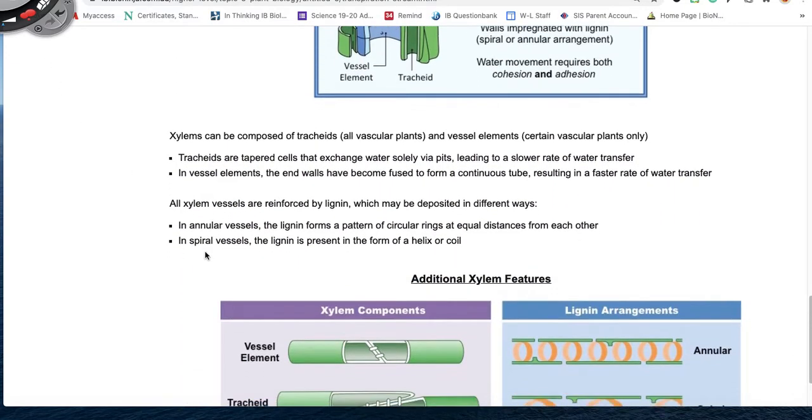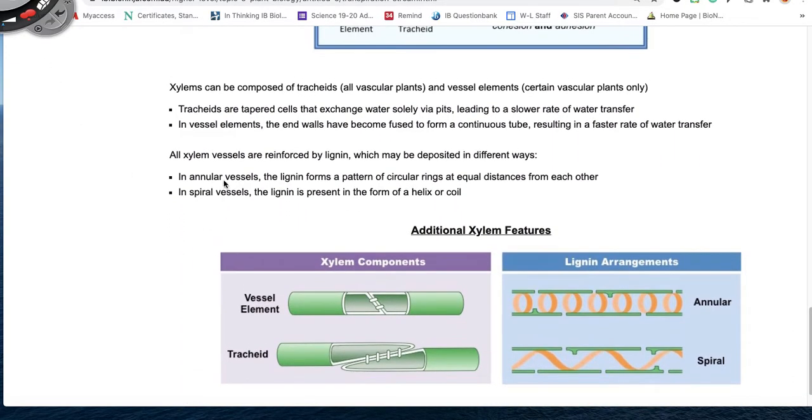Okay, so let's look at some additional features of xylem. We said that tracheids are found in all vascular plants. What do we know about the tracheids right here? We know that they have these tapered ends. See how the ends become narrower and smaller?